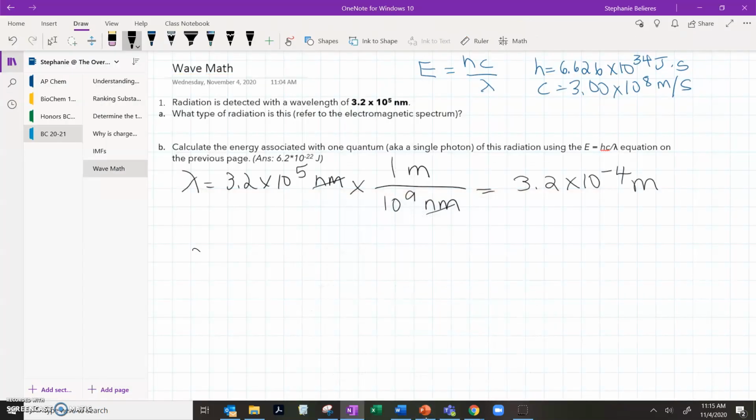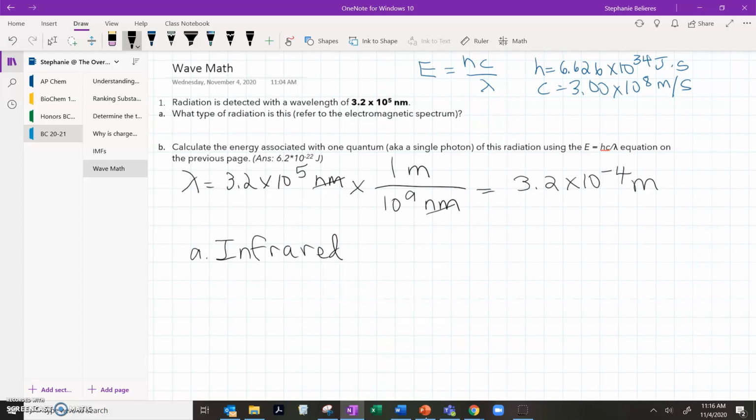So this is A, and that's IR, infrared. And that is just a little bit longer wavelength than the visible spectrum. And we think about infrared as heat a lot of times. So that is an infrared wave.